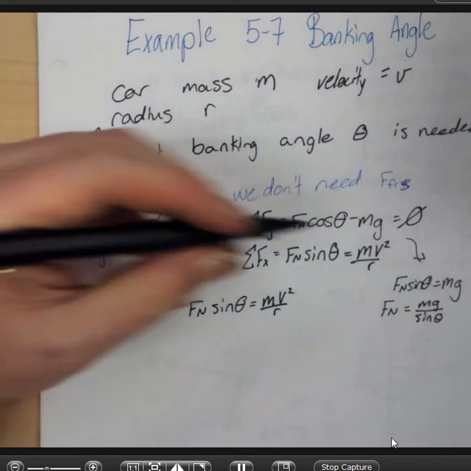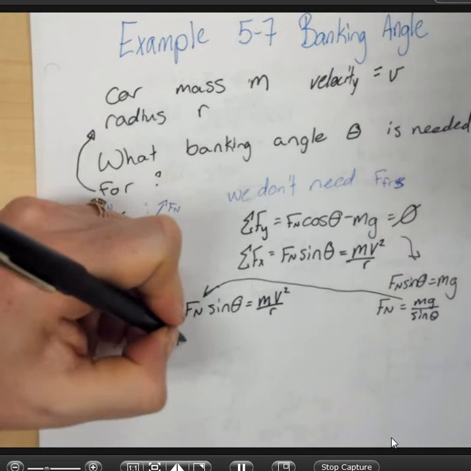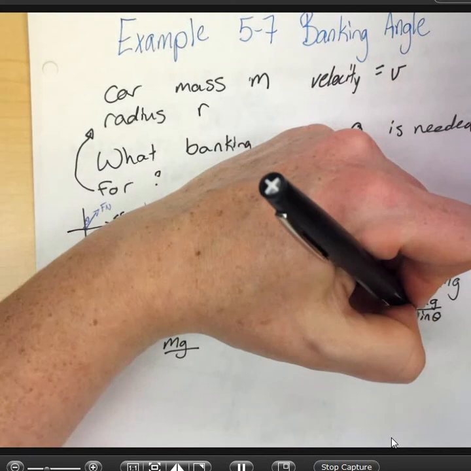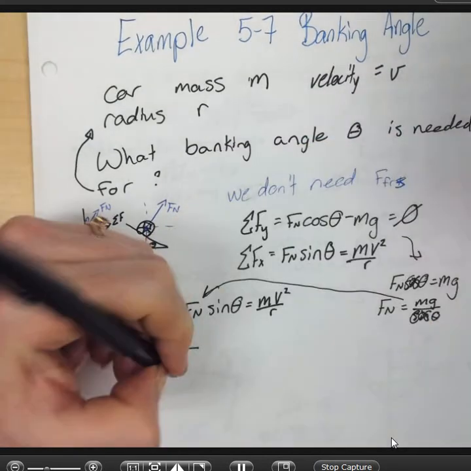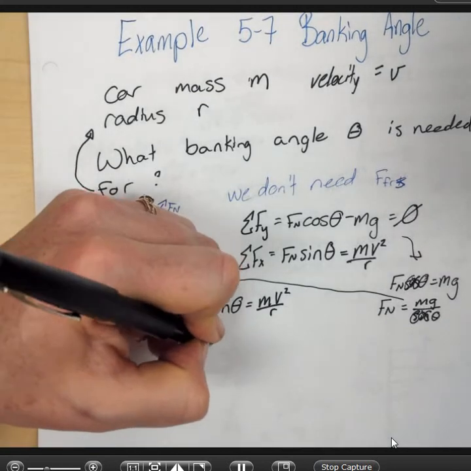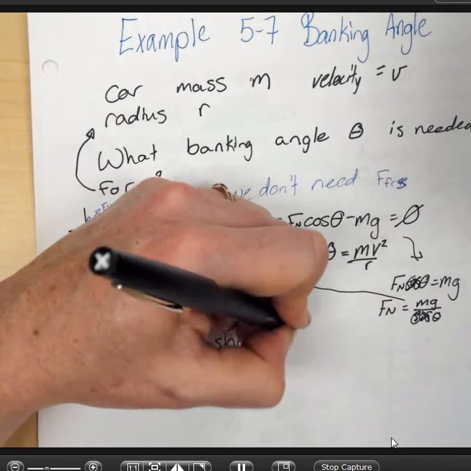I'm going to go ahead and plug that in right there, and I get mg over, oops, sorry, cosine. Mg over cosine theta times sine theta equals mv squared over r.